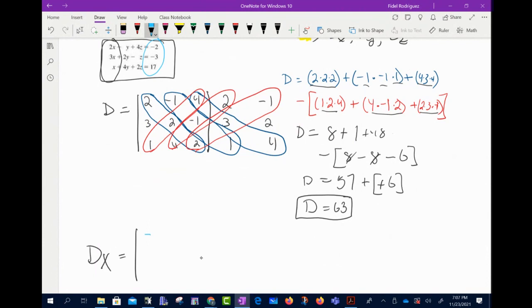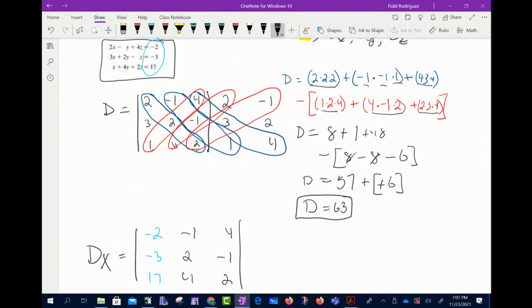So I'm going to put a -2, a -3, and a 17. And then the rest of the numbers, I'm going to use the same numbers that I had. So we had a -1 and a 4, a 2 and a -1, and a 4 and a 2.